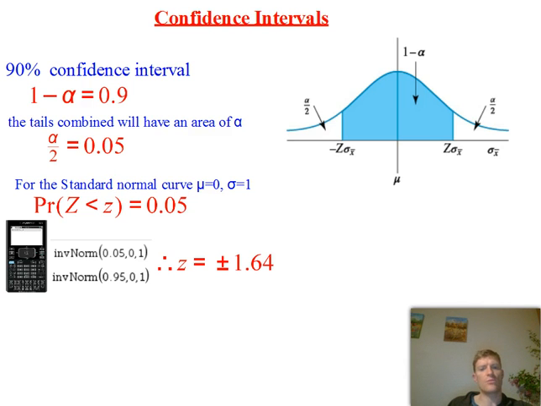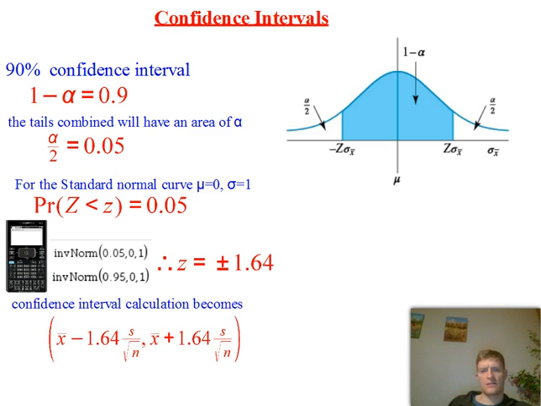So what's left of it is 95%. Okay, and that corresponds to 1.64, both the positive and the negative of it. Now that helps us to form our confidence interval. So the confidence interval expression becomes this, where the Z multiplier is this value for the 90% confidence interval, 1.64.